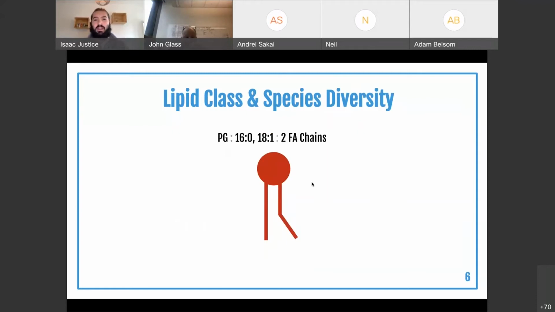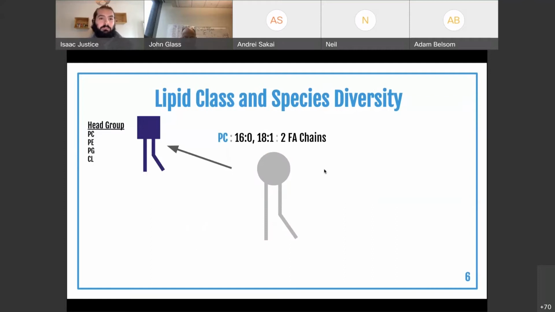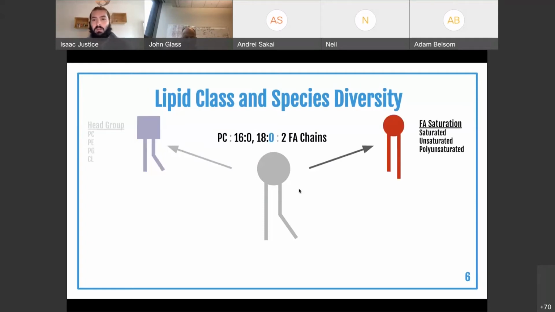One of the reasons that life really likes lipids is because there's a tremendous diversity in lipid classes and lipid species. Lipids can have different head groups, and different head groups have different sizes and also different charges. They can also have different saturations, saturated, unsaturated, or polyunsaturated chains, which change the size of the lipid in the membrane.